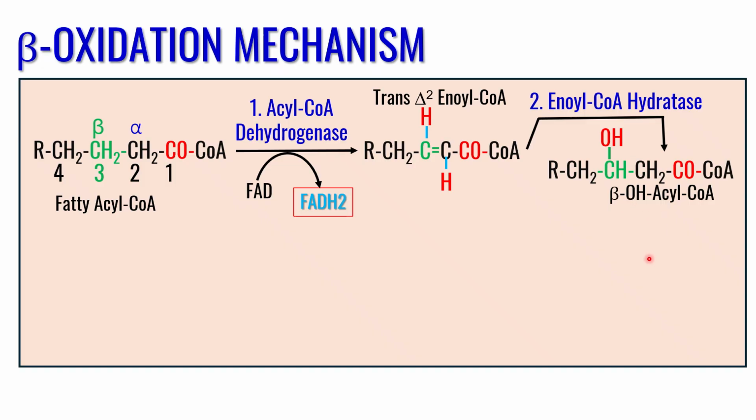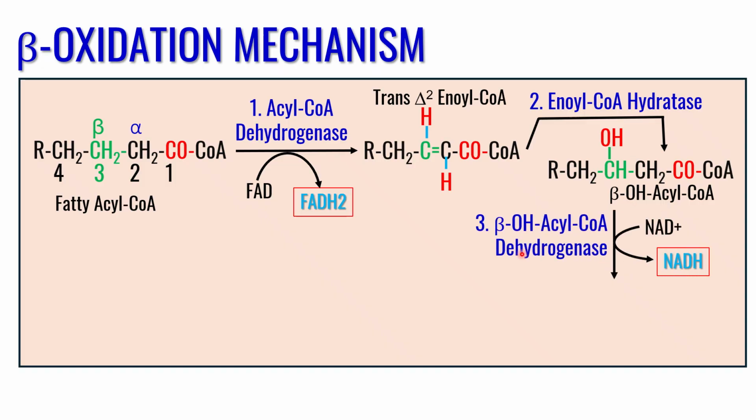This undergoes further oxidation utilizing the enzyme known as beta-hydroxyacyl-CoA dehydrogenase. This also utilizes the NAD coenzyme, which is reduced to NADH. This extracts a hydride ion from the beta-hydroxy, forming beta-ketoacyl-CoA as the product. In this molecule, the oxidation is occurring at the beta carbon atom. That is why it is called beta oxidation.